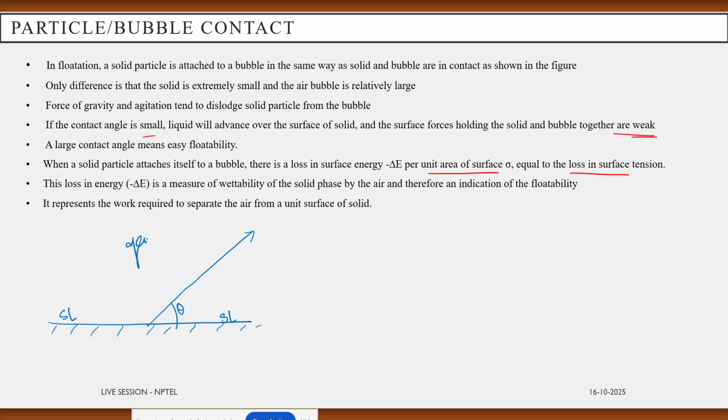This one is the gas phase, so this is the gas liquid interface. And this one is the complete solid, right? So here the surface energy will be noted as, this is the surface.